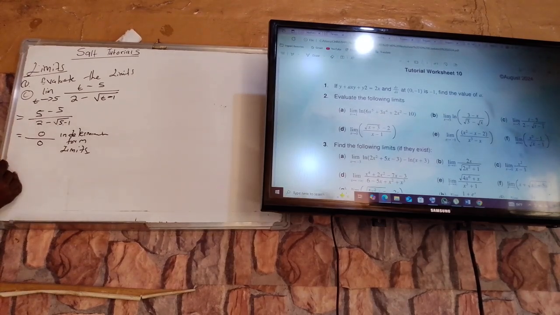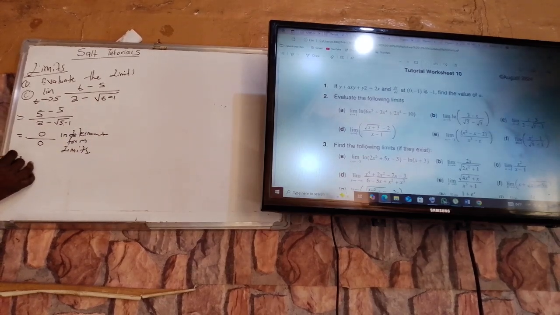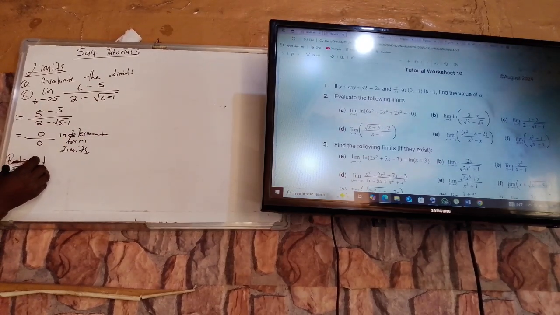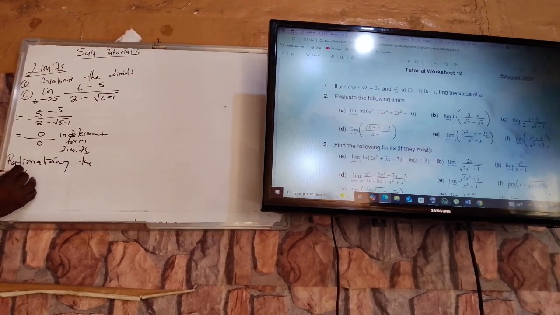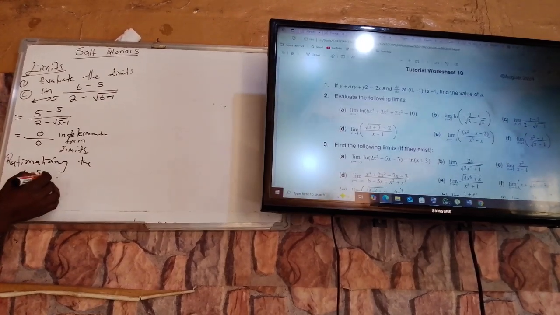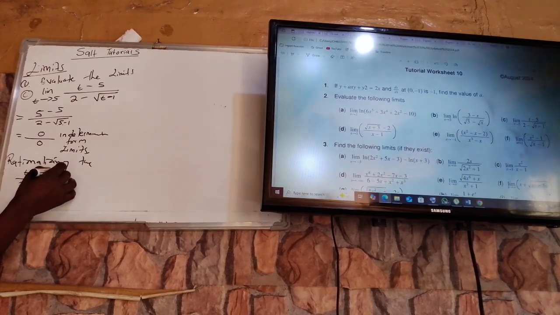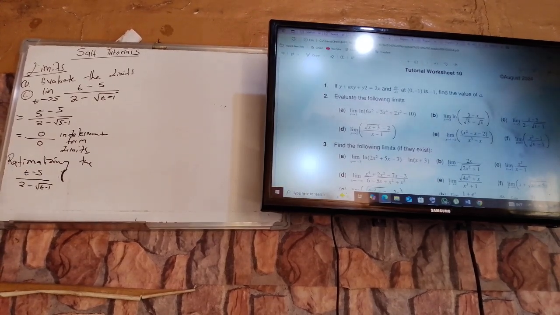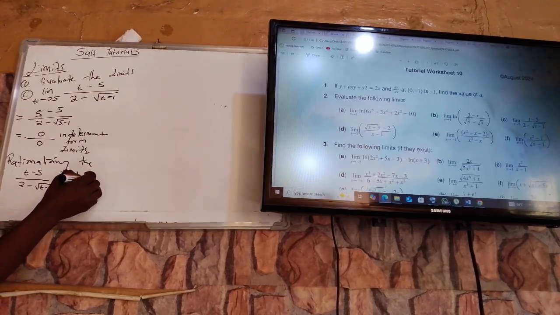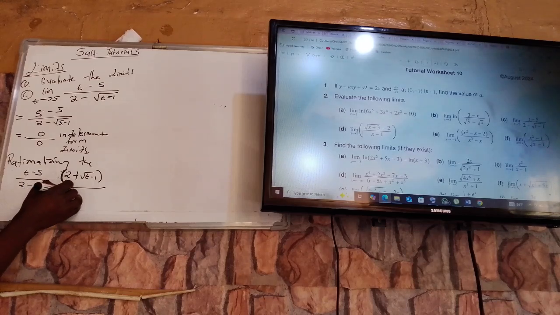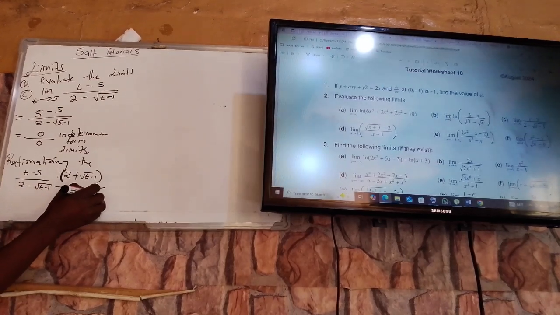So rationalizing the function, what am I going to have? Since it has a radical, that is what I'm going to rationalize. So we have t minus 5 over 2 minus root t minus 1, multiplying by the conjugate 2 plus root t minus 1 over 2 plus root t minus 1.